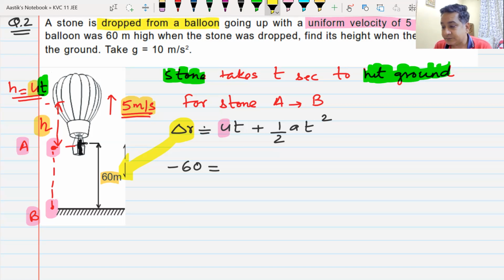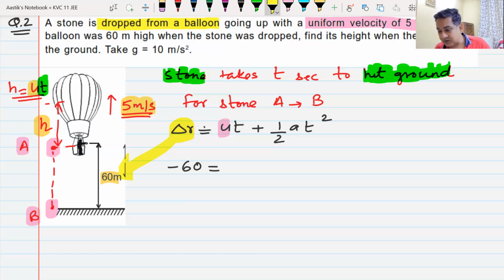Why is the answer 5? Because the stone is in the balloon. When I drop it, it does not drop with velocity 0, but it drops with a velocity equal to the velocity of the balloon. I gave you an example of the train. If you drop something from the train, does it fall exactly downwards? No. It falls some distance forwards. If you are moving in a car and you have my mobile phone in that car, what is the velocity of this mobile phone?